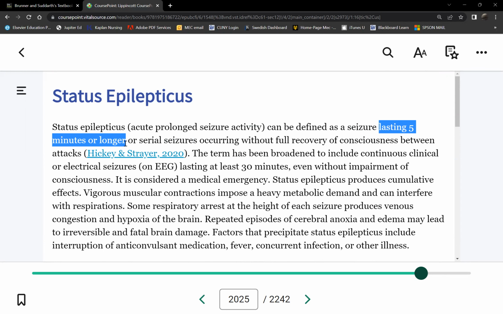Meaning, if the patient only had 30 minutes of rest and then had another seizure, did they fully recover from the last seizure? No. So this is still status epilepticus. The post-ictal period was only 30 minutes, and then another seizure happened.